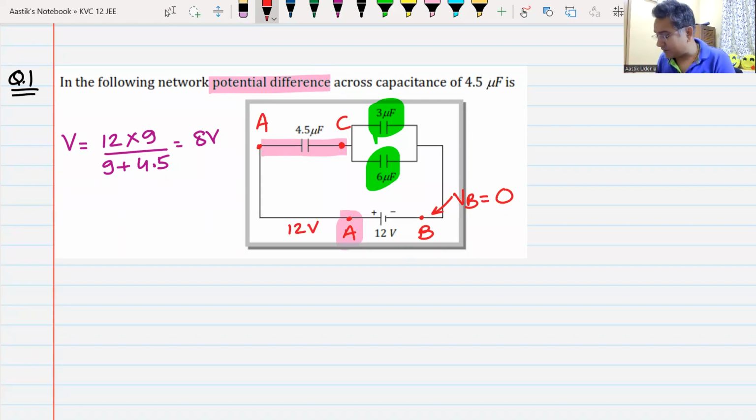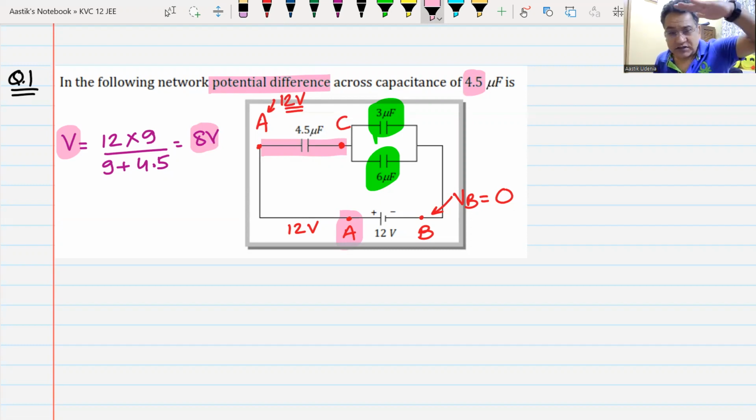There are different ways in which you can do this. Now, what is the potential drop across the capacitor? We have already found the potential drop across the capacitor is 8 volt. So the potential has dropped by 8 volts.